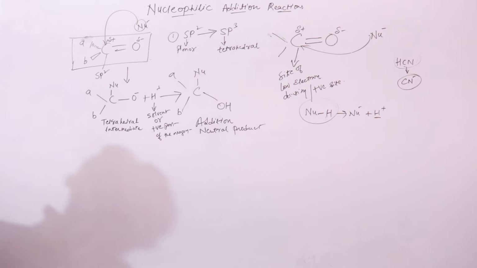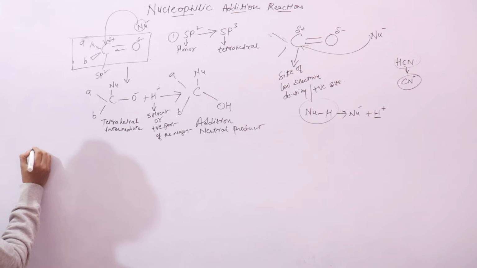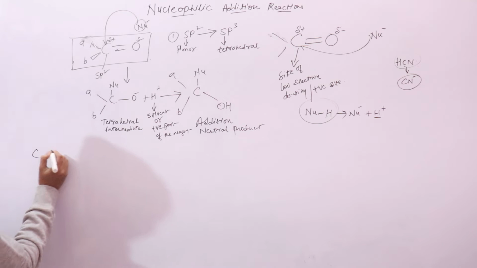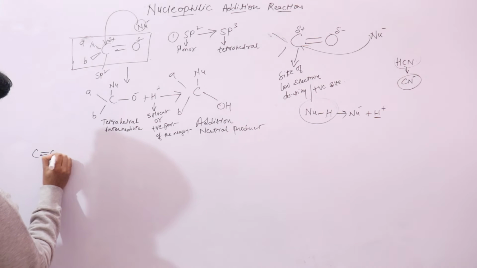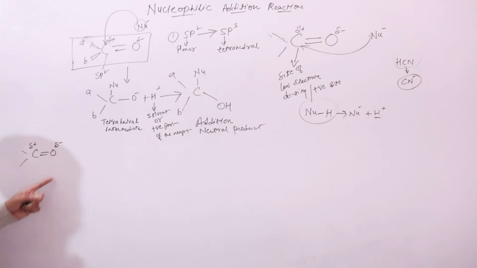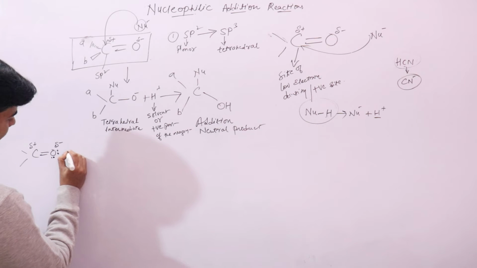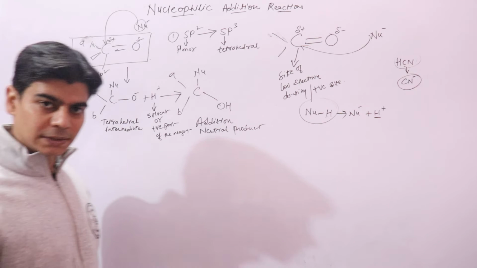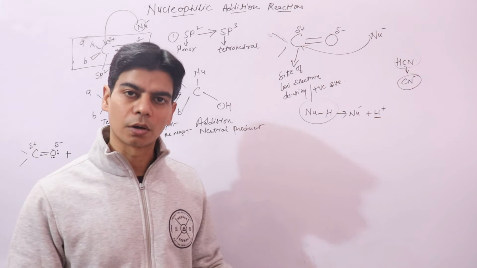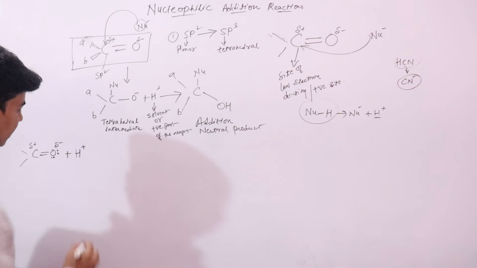Let's just quickly understand it. If this is your carbonyl group, we know that the oxygen has two lone electron pairs on it. When you have an acid catalyst, all acids furnish a proton. So this is a proton from the acid catalyst.